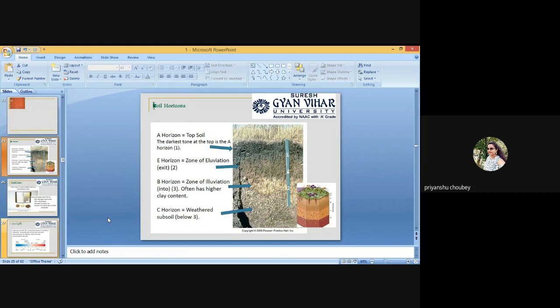The R horizon below the C horizon is the layer of bedrock. Unlike the above layers, it is composed mainly of consolidated masses of hard rock and cannot be dug easily.